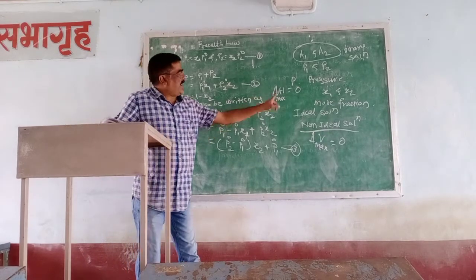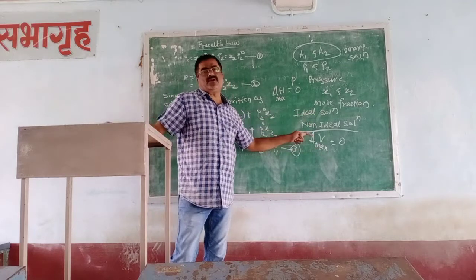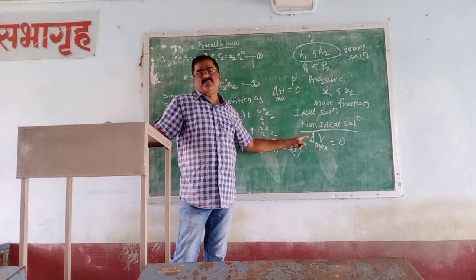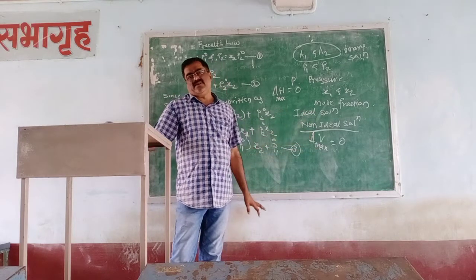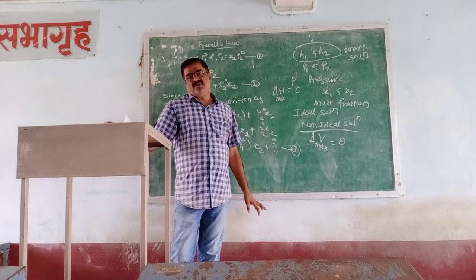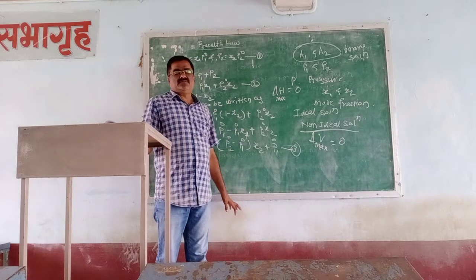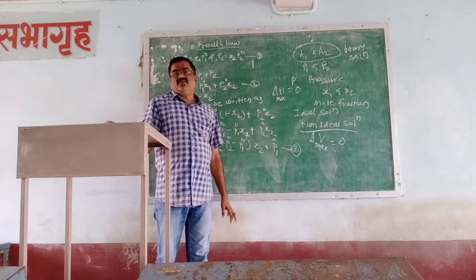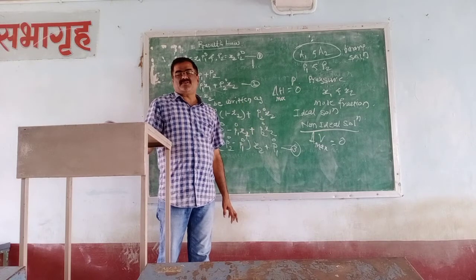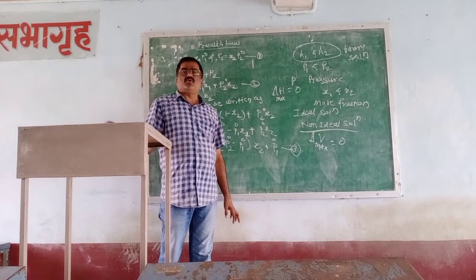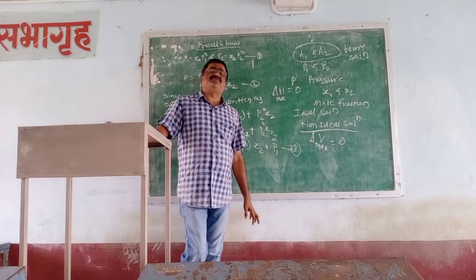Meaning, on the opposite side of ideal solutions, the things we see are the non-ideal solutions. About the pressure, about the concentration of the components over the entire range, they do not obey Raoult's law.